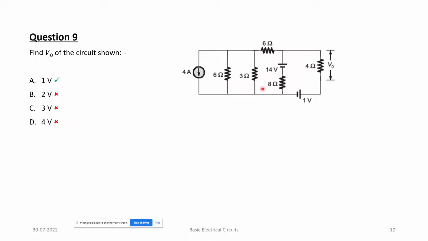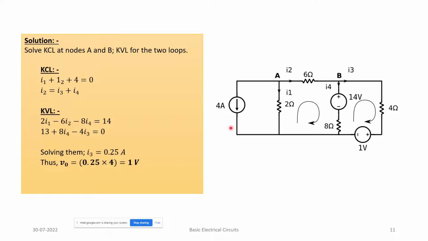Okay. Another circuits question. We need to find the voltage across these 4 ohms in this circuit. So basically you need to apply KVL and KCL again. You have 2 loops, loop 1 and loop 2. We have this KVL equation for this loop, and this KVL equation for the other loop. For node A we have this KCL equation, and for point B we have the second KCL equation.